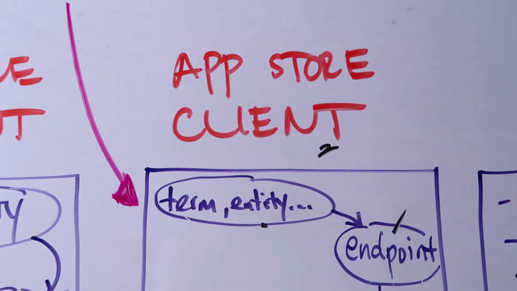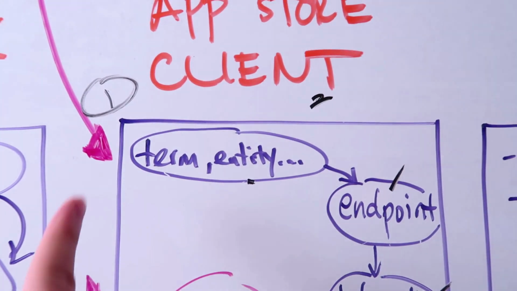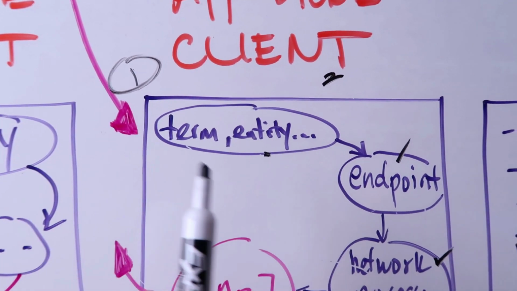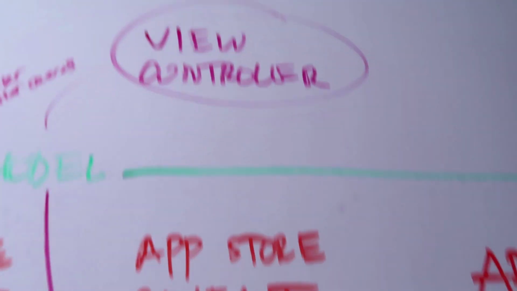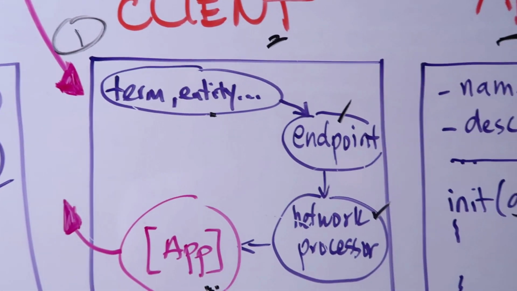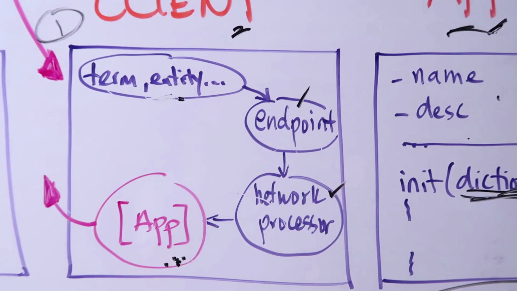So here is how it works. Number one, it gets the term and the entity from somewhere. Maybe it is a view controller, maybe it is another model class. Who knows? Something has to provide us the term and the entity.